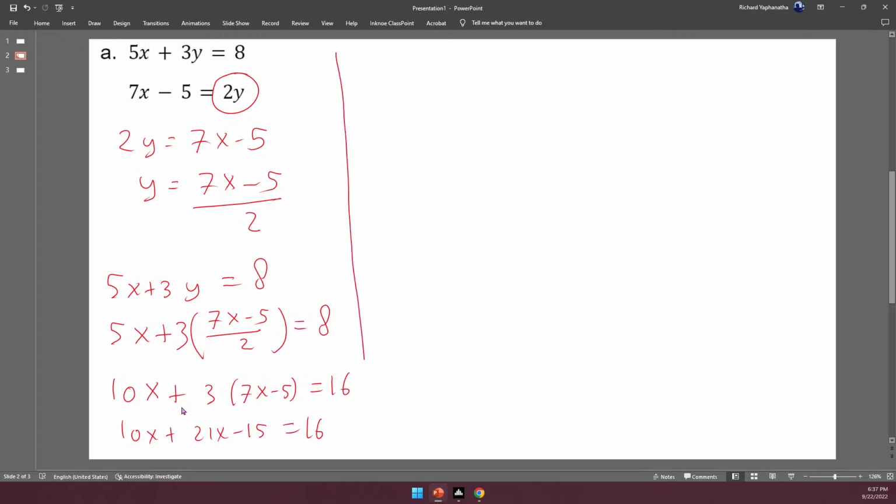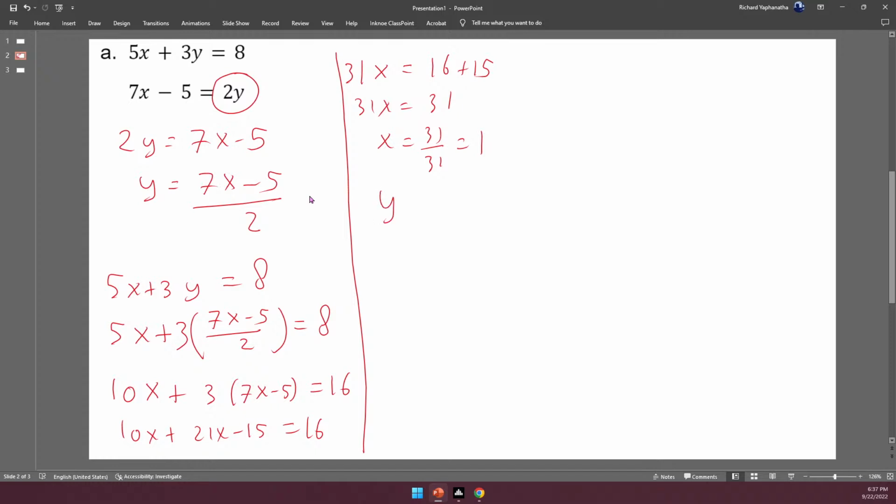Let me use another column here. 10 plus 21 is 31x equal to 16 plus 15. That's why 31x equal to 31, or x equal to 31 over 31, which is equal to 1. After we have this, we can substitute this back into here, or into here, or into here. All are the same.